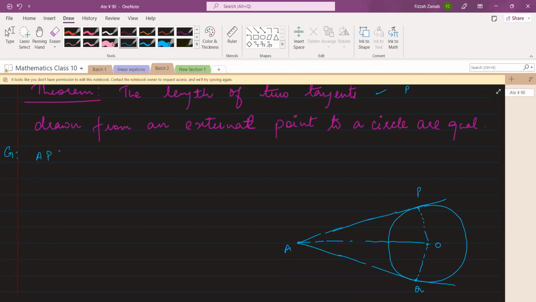First, it is given that AP and AQ are two tangents from point A to the circle. This is given. Now to prove, you have to prove that AP is equal to AQ.